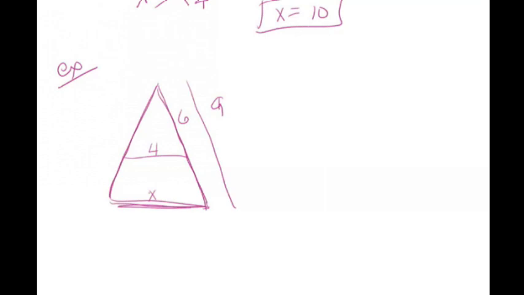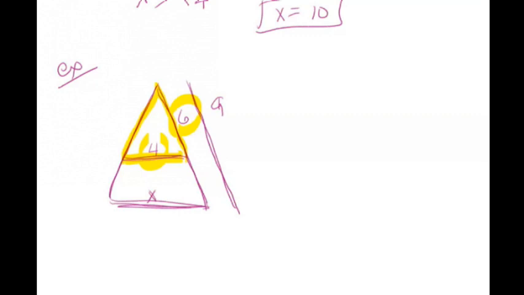Okay, similarly as before, we need to recognize we have a big triangle here on the outside, which has a base of x and a side length here of 9. And then we have an inside triangle here with base 4 and 6. Okay, so the bases are probably the easiest to see.